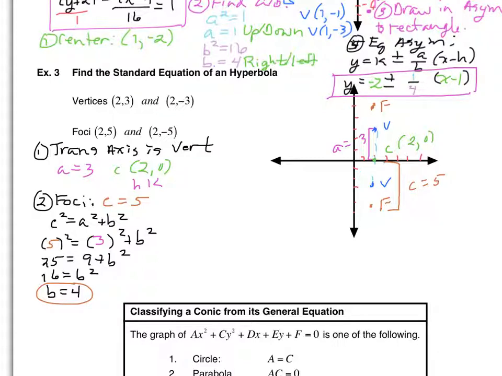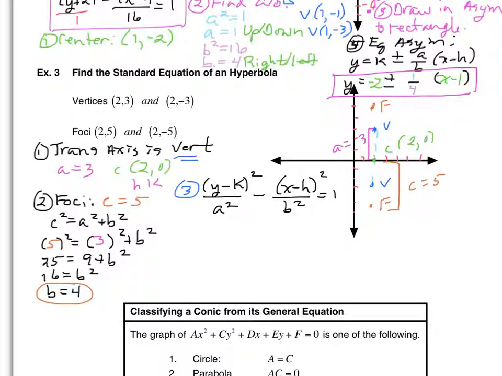Because my transverse axis is vertical, what does that bring me to understand my equation to be? Because we have everything we need for the equation. So do I have an equation where the x binomial comes first or the y binomial comes first? Because vertical is the direction of the y-axis, the y has to come first. So I know that we're using y minus k squared over a squared minus x minus h squared over b squared equals 1.